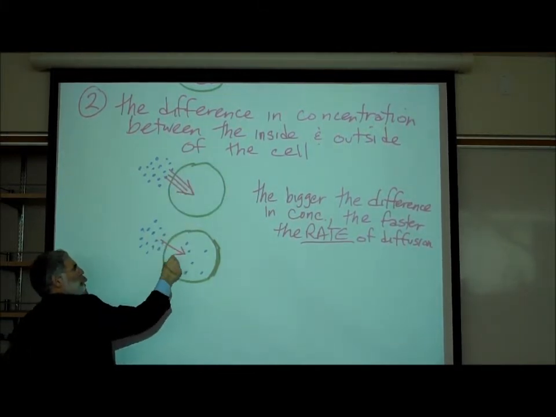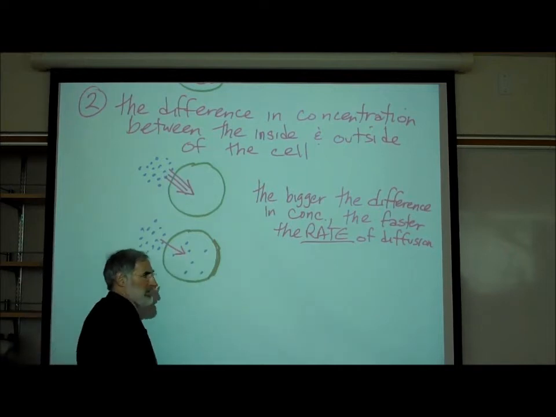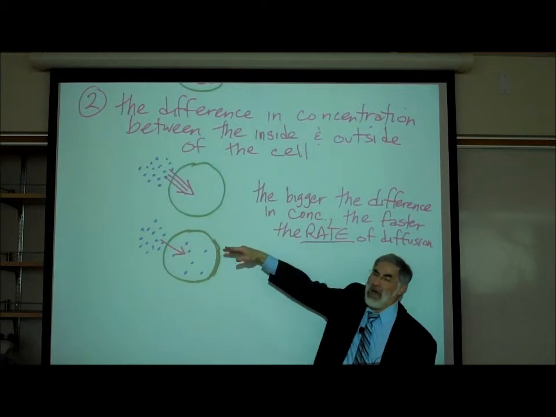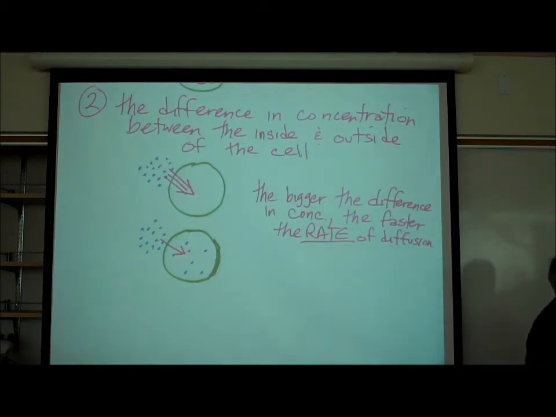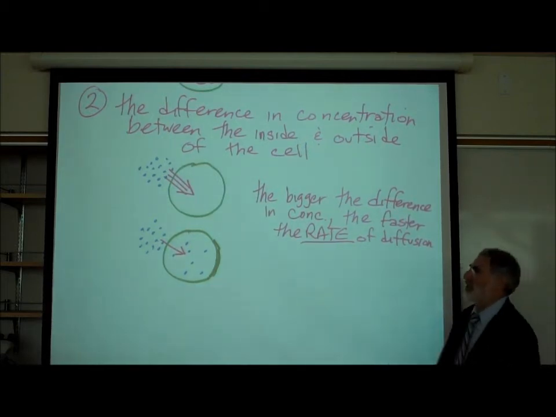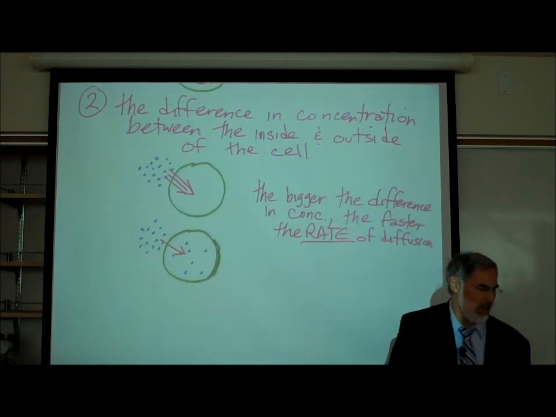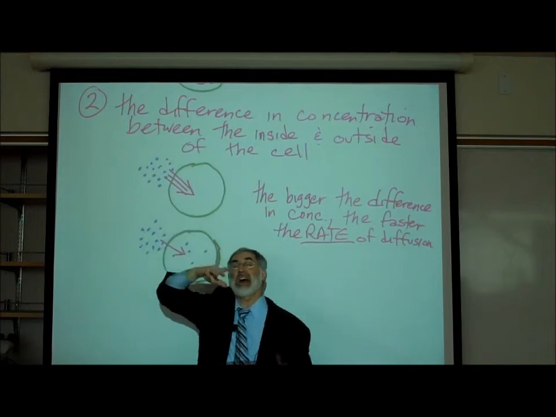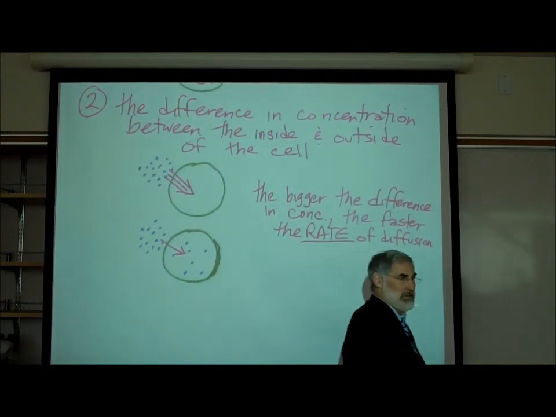In the lower picture, there's already some of the chemical on the inside. So the question is, in which case, the top or the bottom example, where would the chemical move faster into that cell? The top. Because the bigger the difference in concentration, the faster the rate of diffusion.